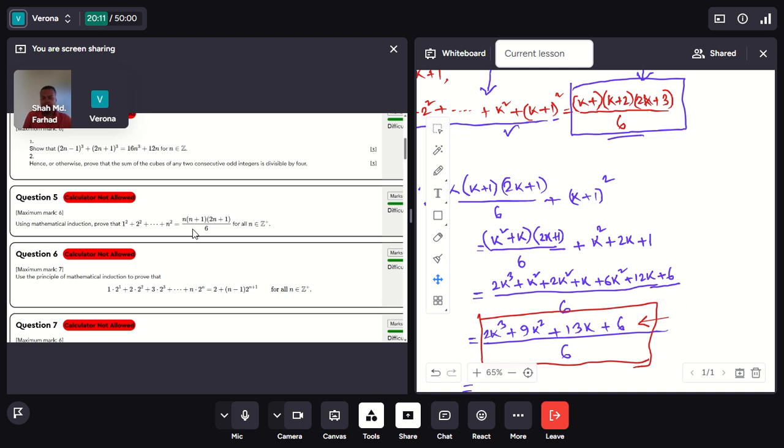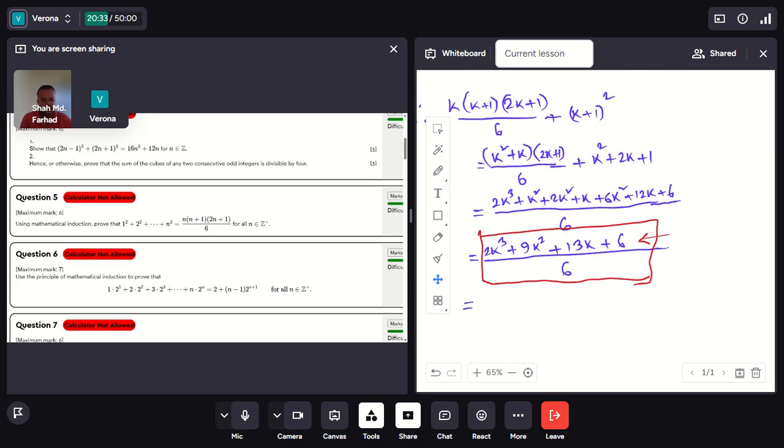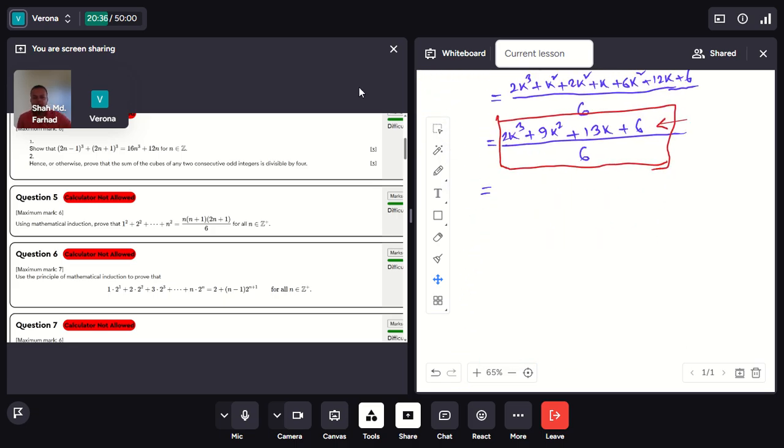So basically, since we are asked to prove this, that means it must be equal. There is no way not to be equal. And now we have to just equalize it.